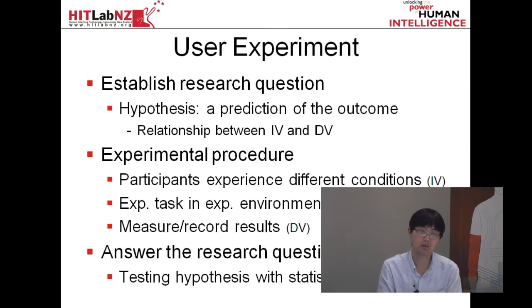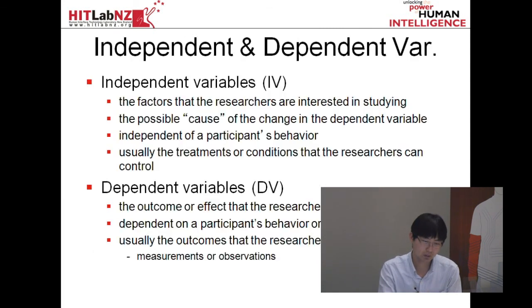So you'll be measuring task completion time for each participant under different conditions, and then you compare the mean value of the task completion times with statistics and see if that's meaningful or not, in terms of statistical significance, which is based on probability. And then you can conclude either stylus and mouse are really different in terms of task completion time or not.